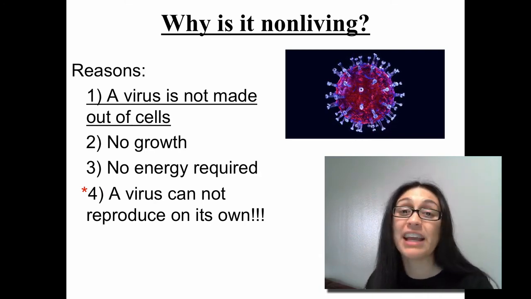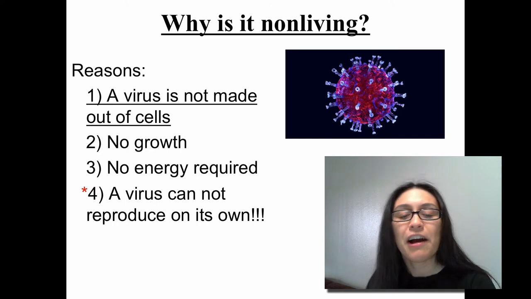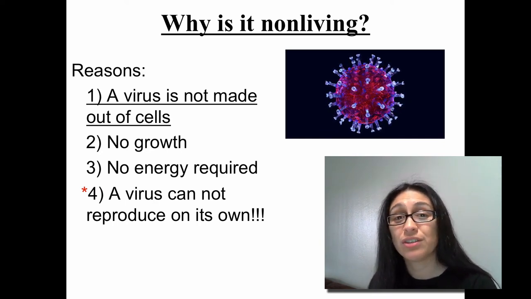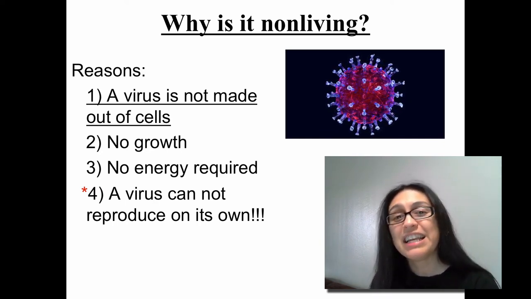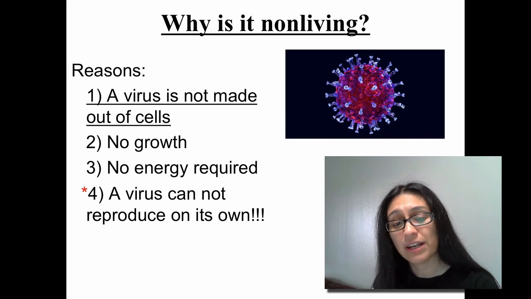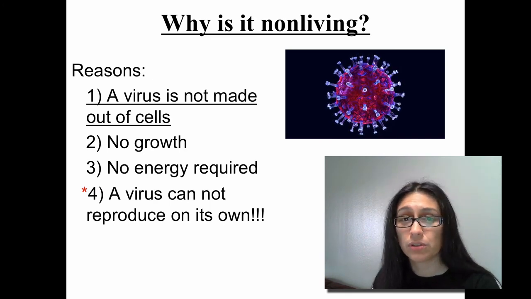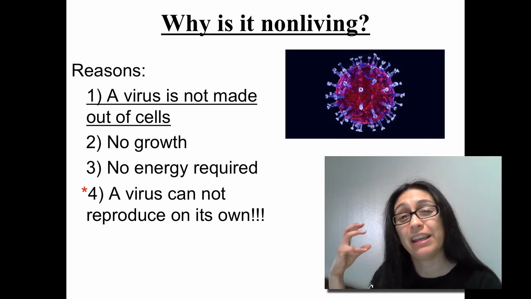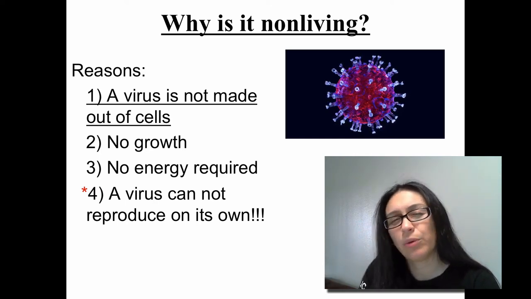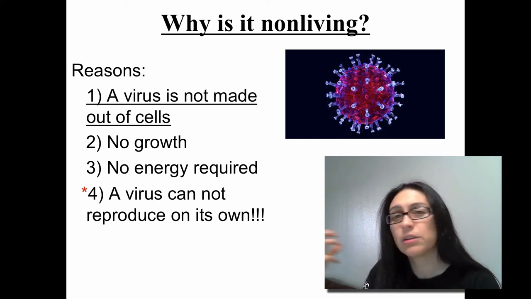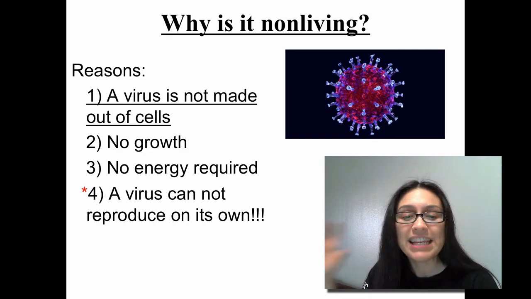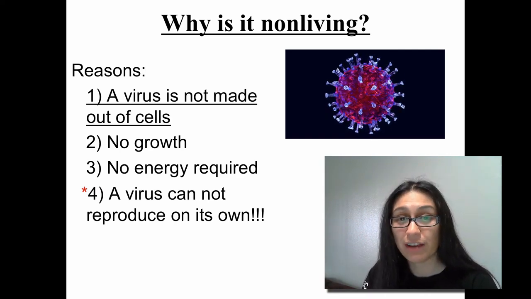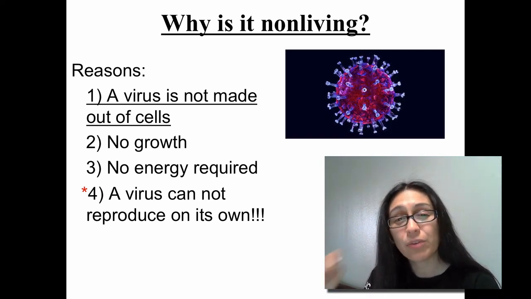And then finally, this is a big one here, a virus cannot reproduce on its own. Viruses need to infect host cells in order to reproduce. So they have to have a living thing. They have to have a cell, whether it's a bacteria or some other cell from a multicellular organism. They need a cell in order to survive. So viruses cannot reproduce on their own.